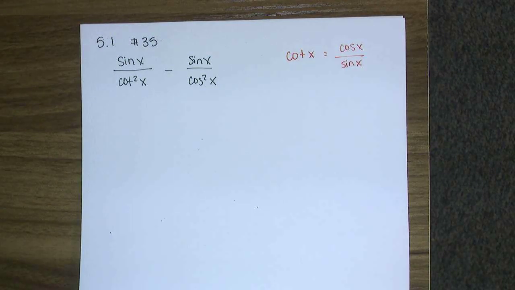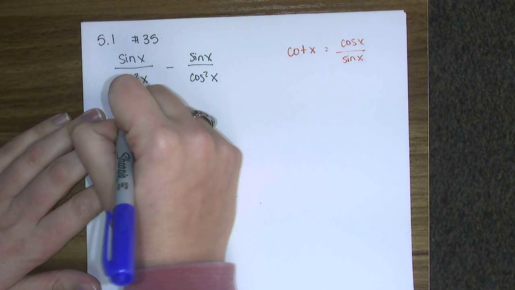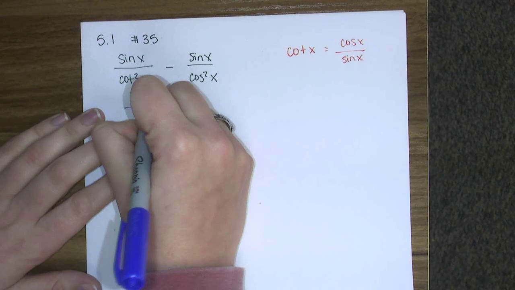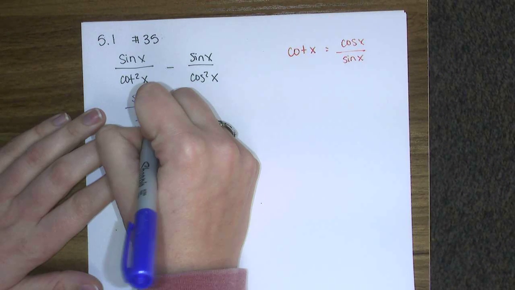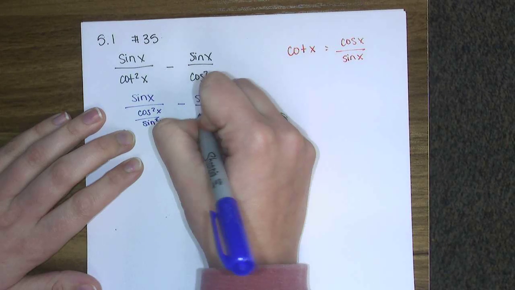So we should rewrite that, obviously, with it being squared. So we have sine of x still on top over cosine squared of x over sine squared of x minus sine of x over cosine squared of x.